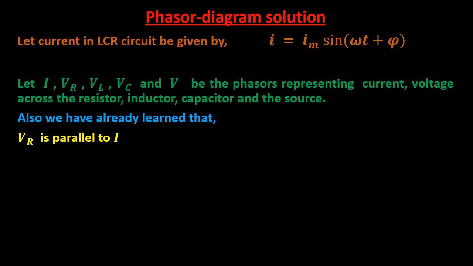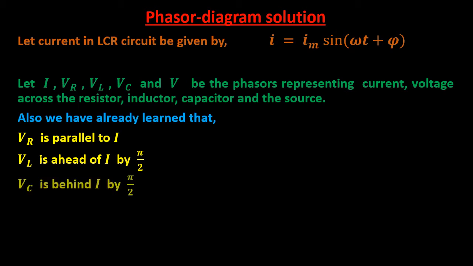For a purely inductive circuit, the phase difference between the voltage and the current is pi by 2, and we have already learned that voltage is ahead of current. So let me write here, VL is ahead of current by pi by 2. And for the purely capacitive circuit, current is ahead of voltage and the phase difference between the voltage and the current is pi by 2.